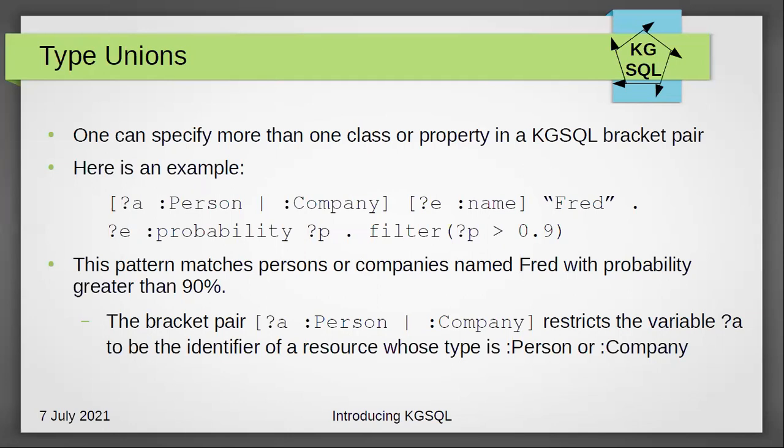So in other words, if you wanted to specify that the variable there could be either a person or a company, then you could specify it with this pipe symbol in the bracket notation. This can be convenient, especially when you're using something like a linked list, where you might want to have several different properties that you traverse, or if you wanted to make sure that you include the case nil.